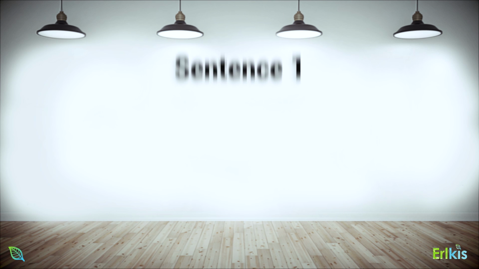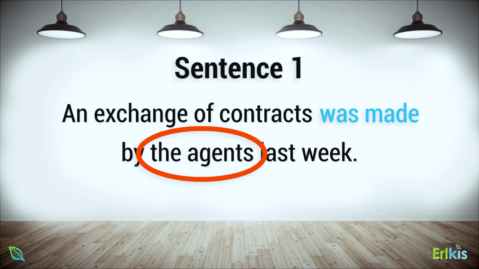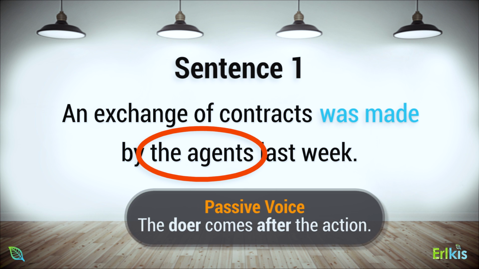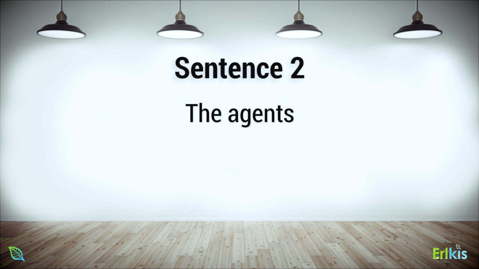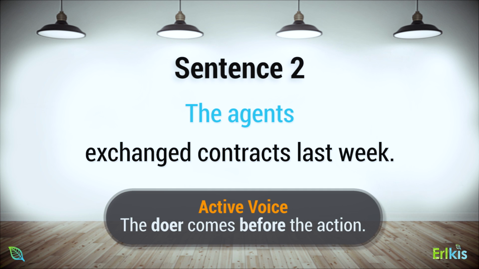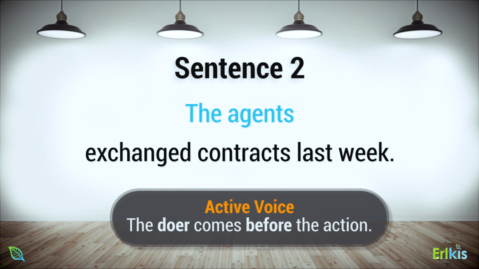The first sentence is what we call the passive voice. The phrase was made is the action. And who did the action? The agents. But in the passive voice, this information, the doer, comes last. In our second sentence, this information is right at the beginning of the sentence.